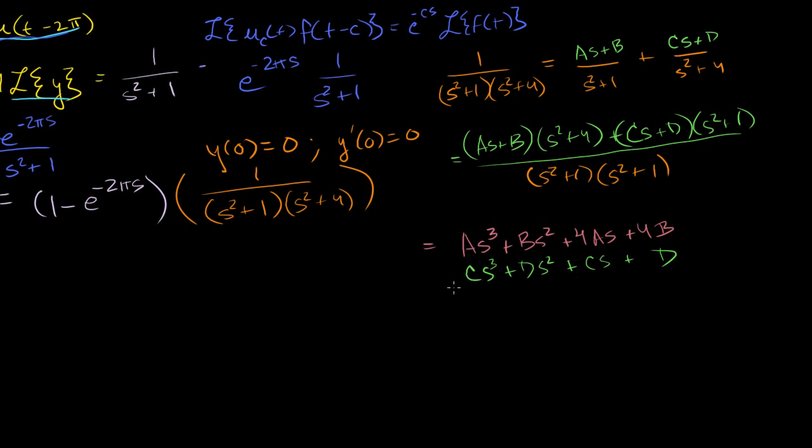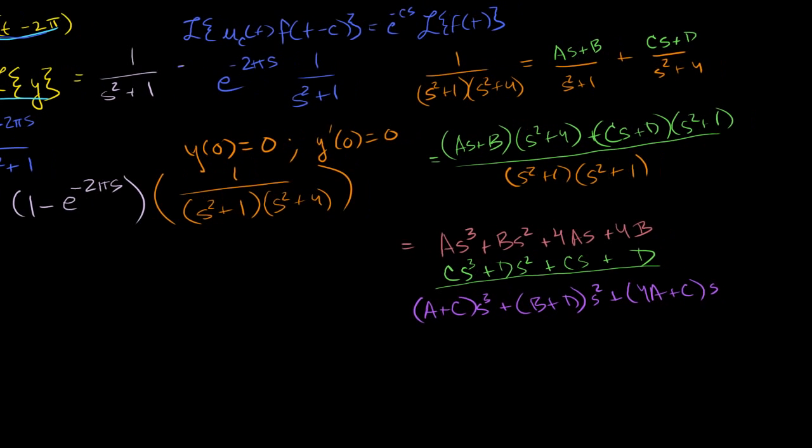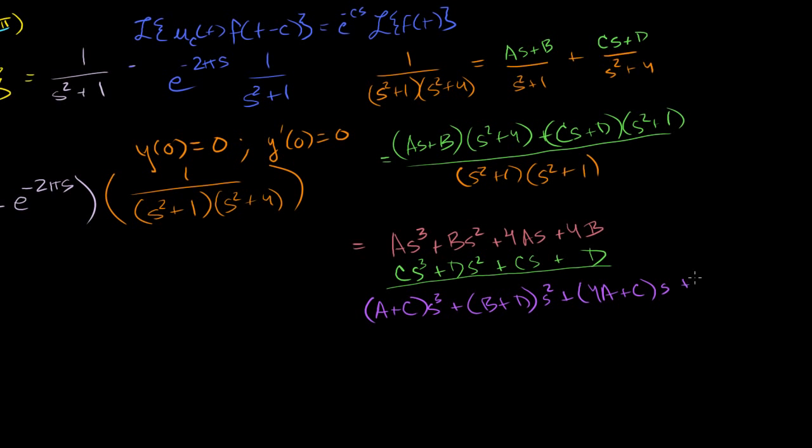So when you add all of these up together, and this is all the algebra that we have to do for better or for worse, you get a plus c over s to the third, plus b plus d times s squared, plus 4a plus c times s. Scroll over a little bit. Plus 4b plus d. And now we just have to say, OK, do we see any?